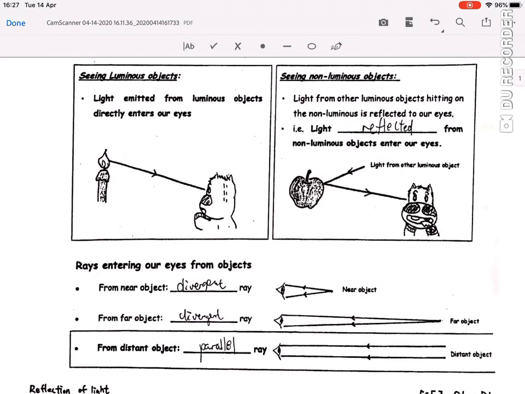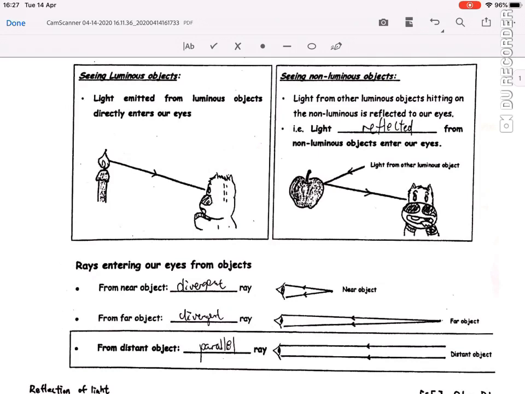Now, seeing non-luminous objects. Since they are non-luminous, they will not give out light. What happens? The light reflected from the non-luminous object enters our eyes. In the diagram, the sunlight shines on the apple and reflects off the skin of the apple, then enters our eyes.